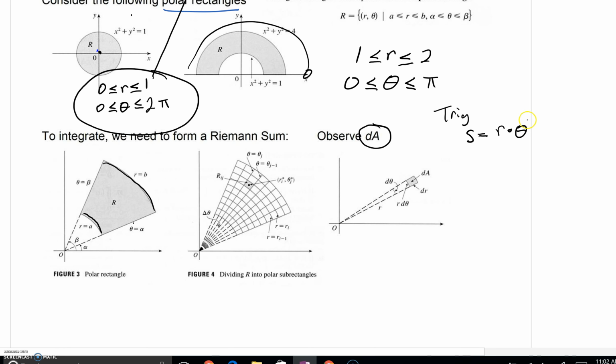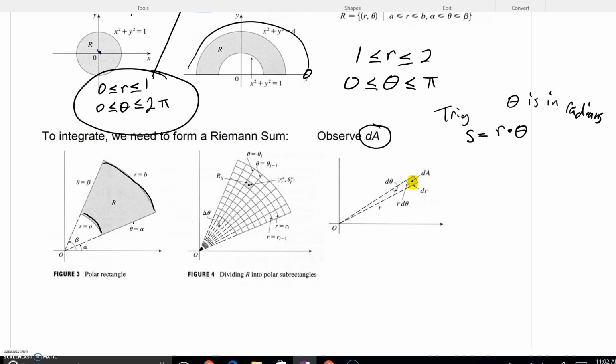So we could have s equal to r times theta. That's from geometry and trig, where theta is in radians. Let's take a look at this particular little sub-rectangle. This little arc length right here is your r times theta.